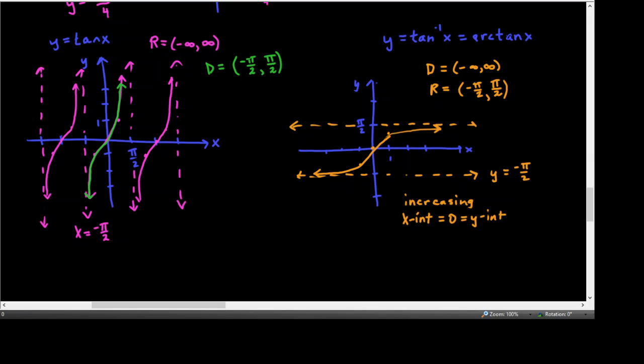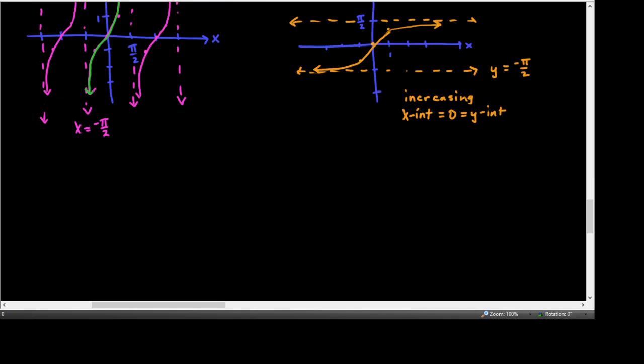The little picture I'm going to draw for this is that of all of the angles 0 to 2 pi, the only ones we can use are the ones from negative pi over 2, not including it, to pi over 2, not including it.